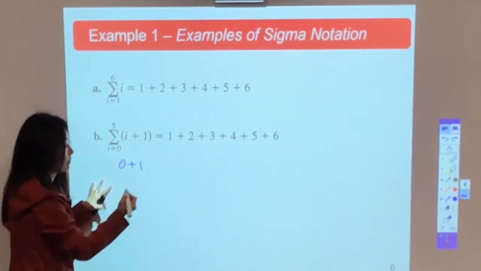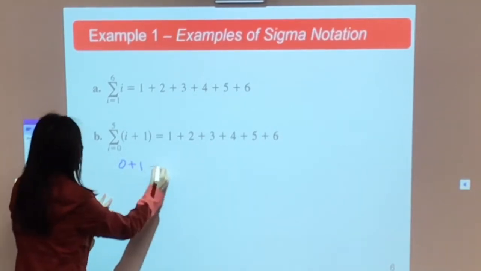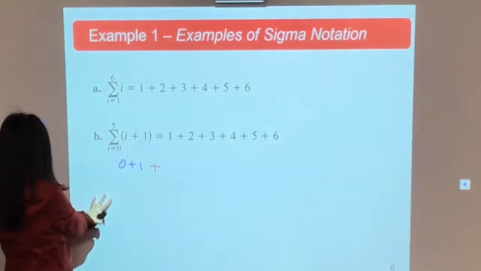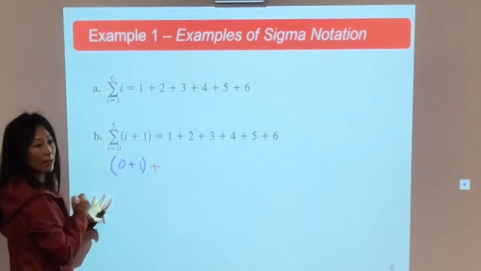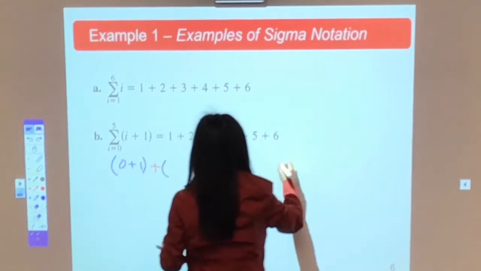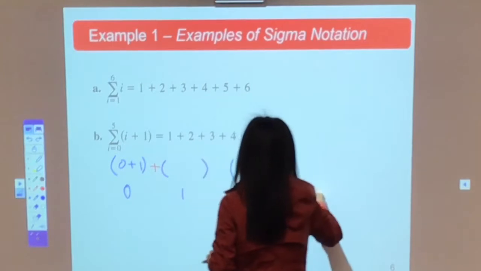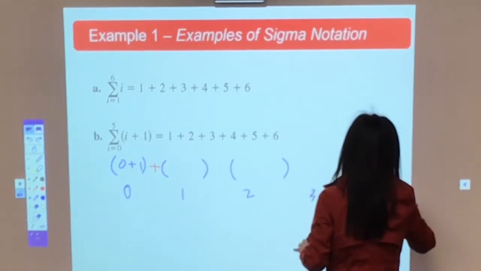That's my first term. Then 1 plus 1. Is everybody with me? How many terms am I going to have? 6: 0, 1, 2, 3, 4, 5 of them.